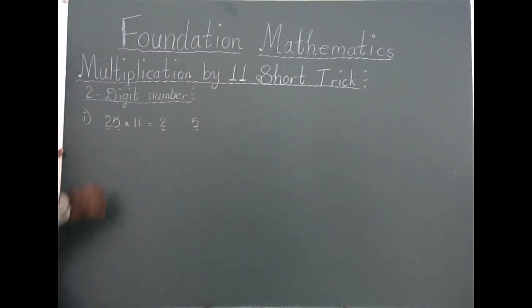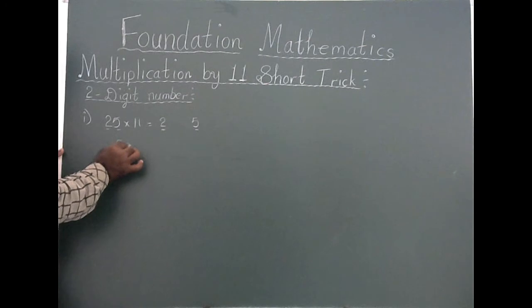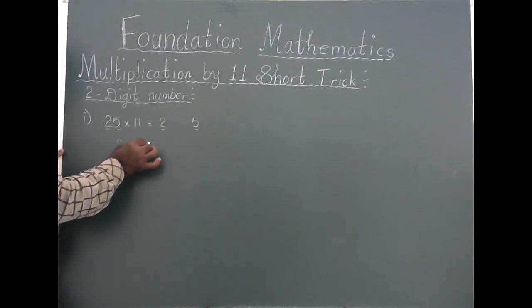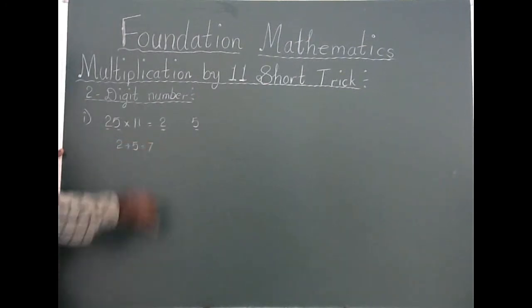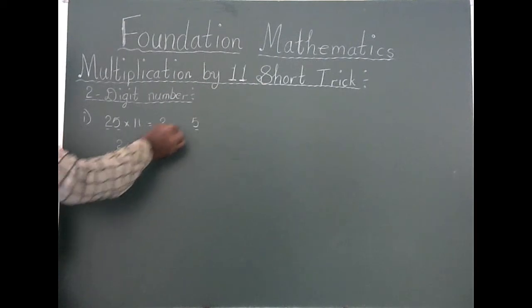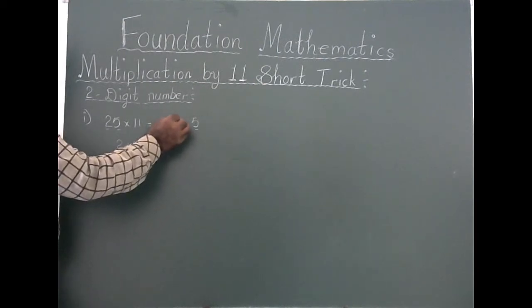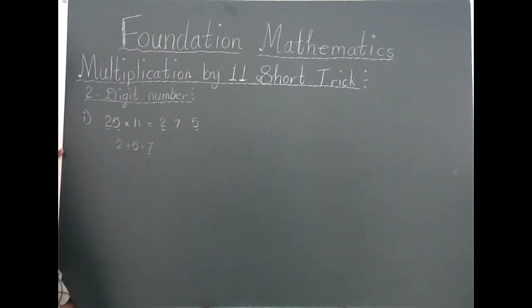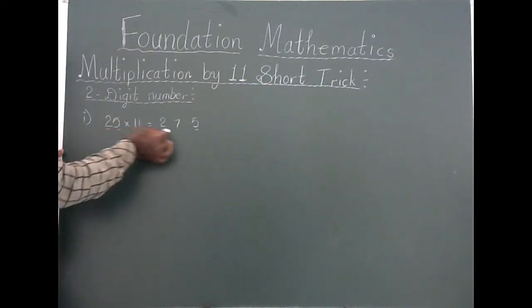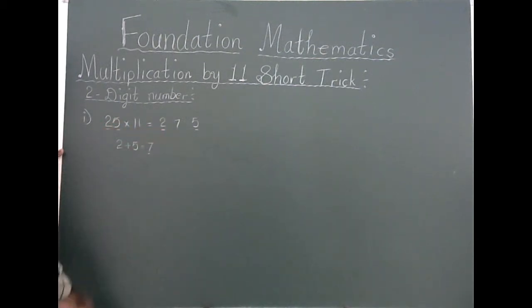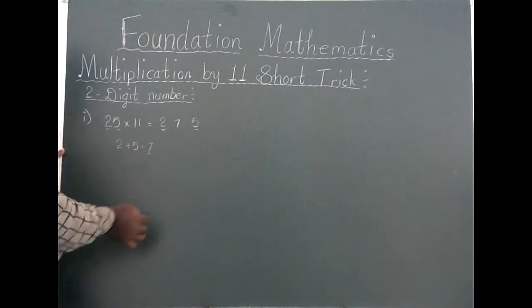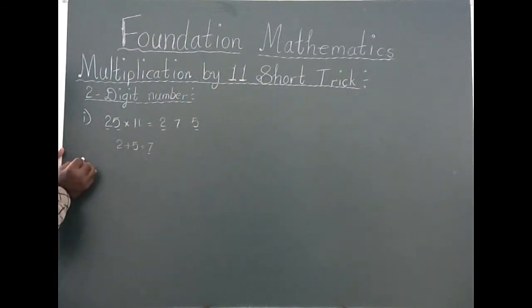But the sum of these two digits, 2 plus 5 equals 7. So this 7 should be written in the middle of the number after multiplication. 25 into 11 equals 275. Next problem.